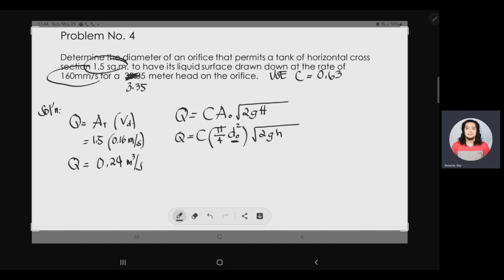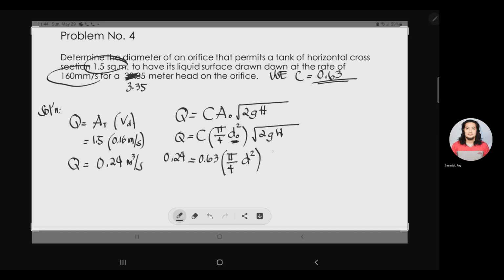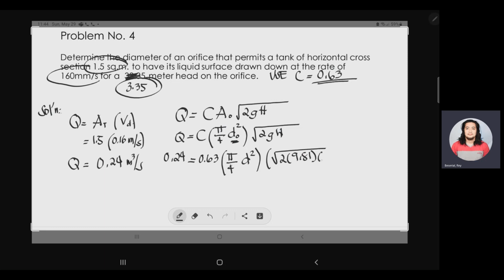Itong ating diameter ang ating unknown variable. So, pang input na natin yung mga values. Meron tayong 0.24 na discharge is equals doon sa ating coefficient of discharge na 0.63, then pi over 4 d squared times square root of 2 times 9.81, and then yung head natin na 3.35 meters.